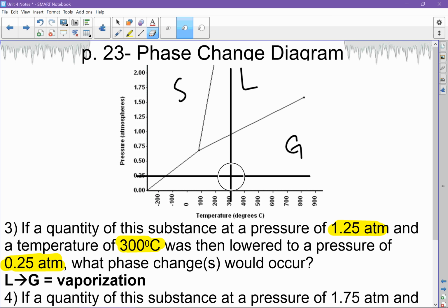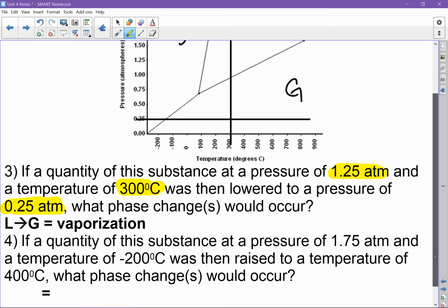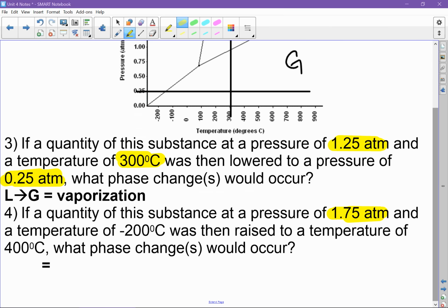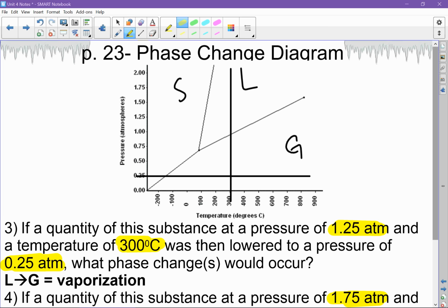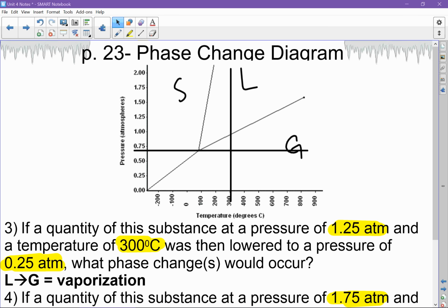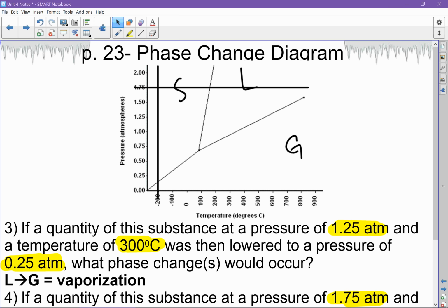Okay, let's try another one like that. Sometimes I like to highlight. So let's find all the numbers that we care about for this one. Then we can find them in the question much easier. Here we're starting at 1.75 atmospheres. So that is way, way up here. And it tells me the temperature we have is minus 200, real cold here.